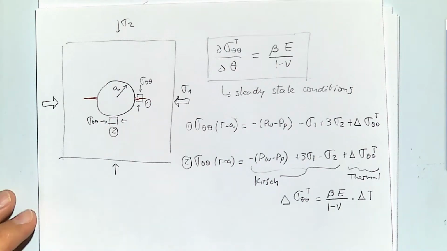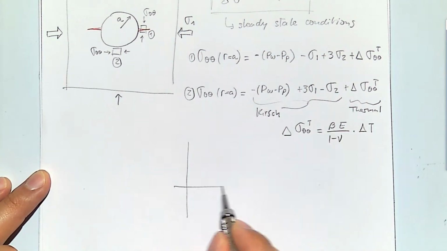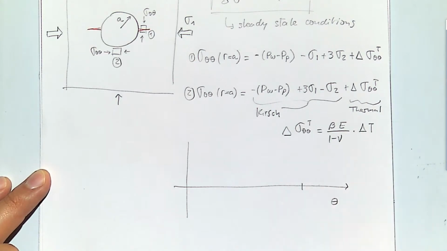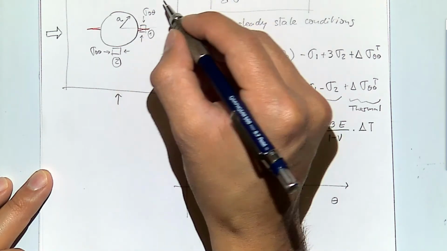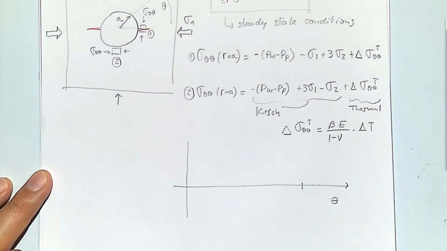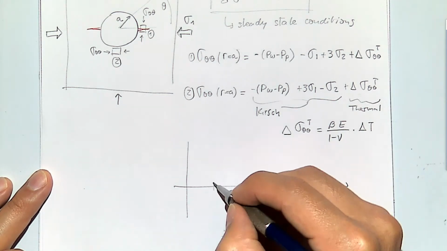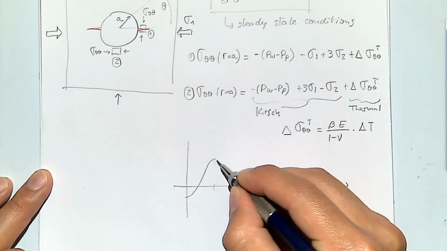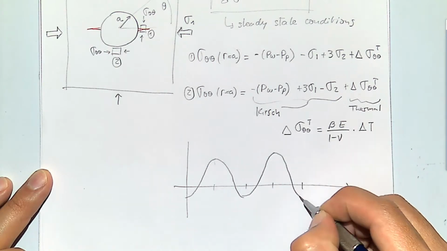If you remember what hoop stress looks like as a function of the angle theta, it's like a sinusoid. And in this particular case, when theta is equal to 0, where this is theta, then we have the lowest hoop stress. So this will be something like this.